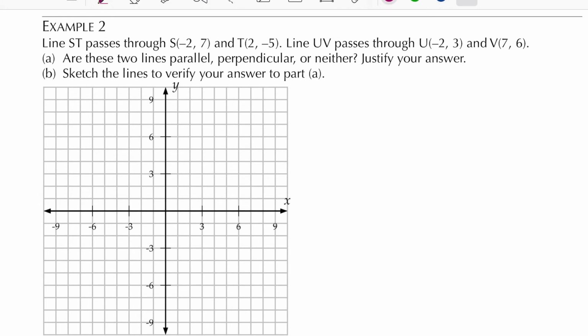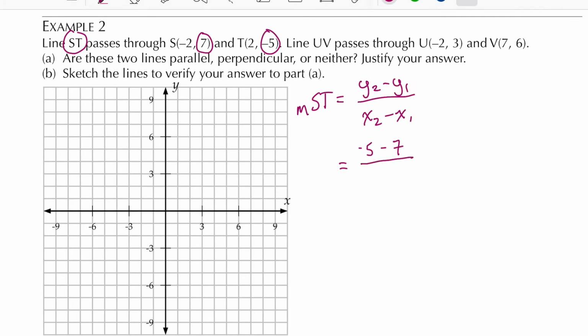All right, so let's take a look at line ST. We're going to determine the slope of line ST. We do y2 minus y1 all over x2 minus x1. Now y2, I'm going to do negative 5, subtract y1, 7.